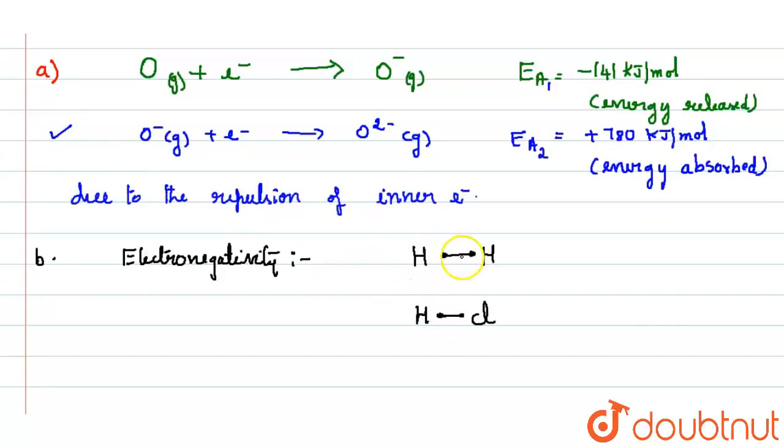It is very important whether the bonded electrons are closer to hydrogen or to chlorine. In the second example, the bonded electrons are very close to chlorine as its electronegativity is high. However, in the first case, they are equally distributed between the two hydrogens. So electronegativity is the property of bonded electrons. So this statement is also true.